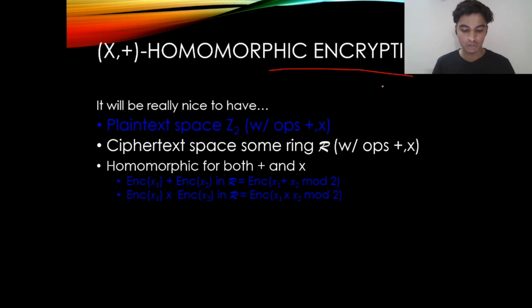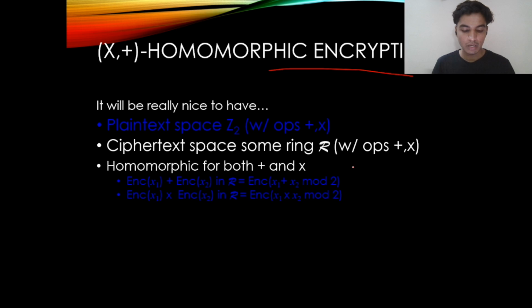Homomorphic encryption. Homomorphic encryption is the ideal structure. Let's see how the plaintext is generated. Let's define our target: the plaintext space is the binary values, and the ciphertext space is a ring R with addition and multiplication operations.